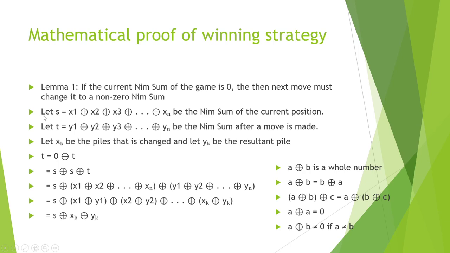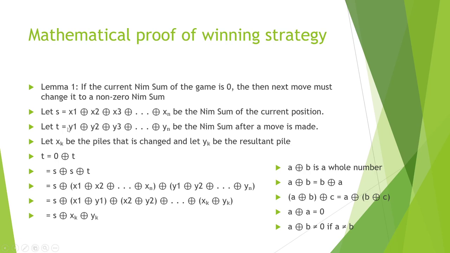Let us set S equal to the nim sum of the current position. And we know S is 0. And S can be represented as each pile nim sum with all the other piles. So pile 1 nim sum pile 2, nim sum pile 3, all the way up to pile n. And we let T be the nim sum of the game after a move is made.